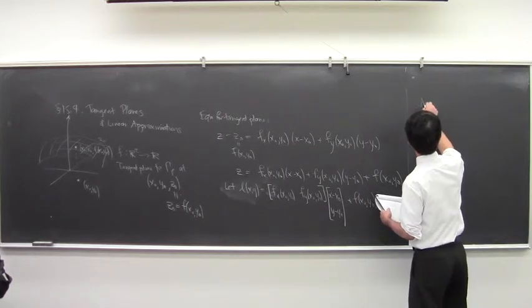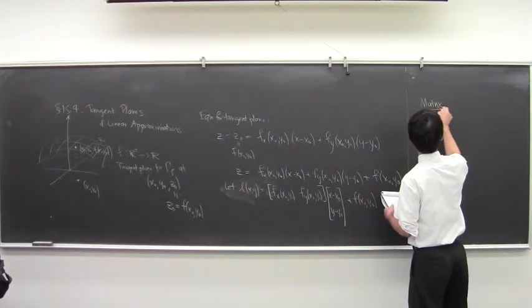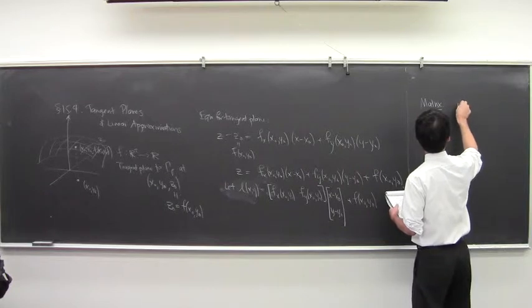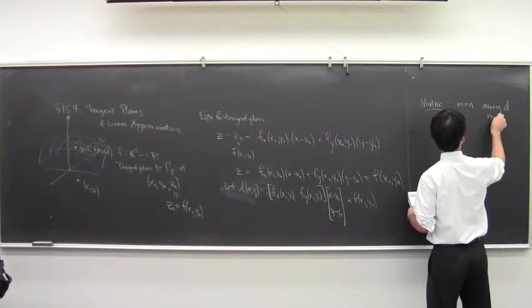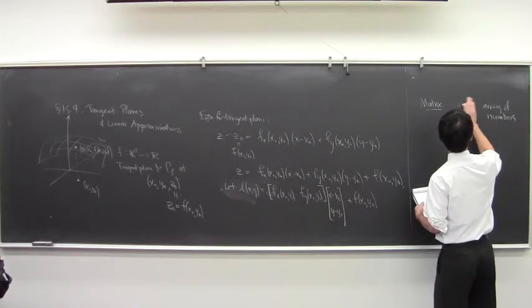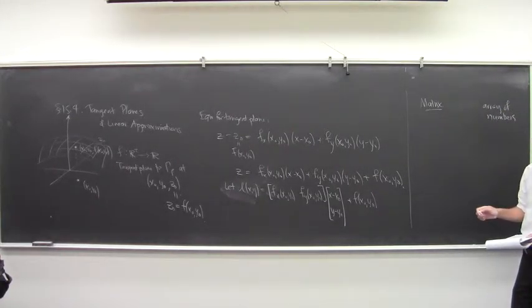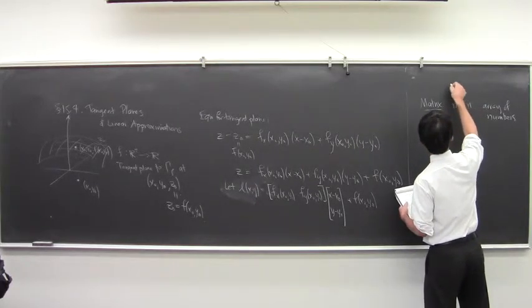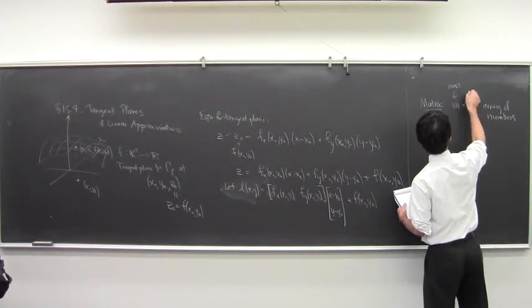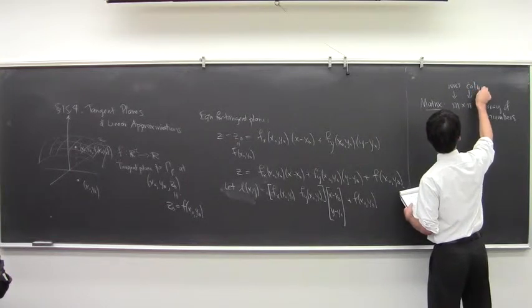So a matrix is just some sort of array of numbers with a size, and usually one writes m by n to mean that it has m rows and n columns.